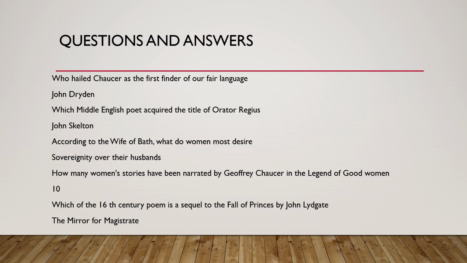According to the Wife of Bath, what do women most desire? Sovereignty over their husbands. How many women's stories have been narrated by Geoffrey Chaucer in the Legend of Good Women? 10. Which 16th century poem is a sequel to The Fall of Princes by John Lydgate? The Mirror for Magistrates?